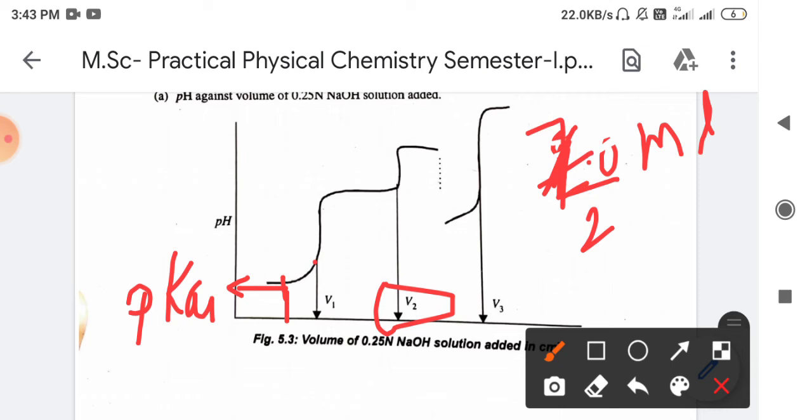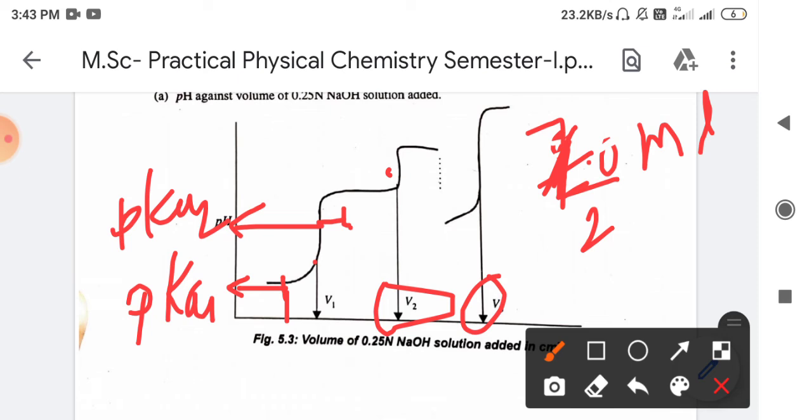For 7 I need to get to 3.5. So for 3.5, the pH value corresponding to this point is pKa2. Similarly for V3 by 2, at this point I get the value pKa3.